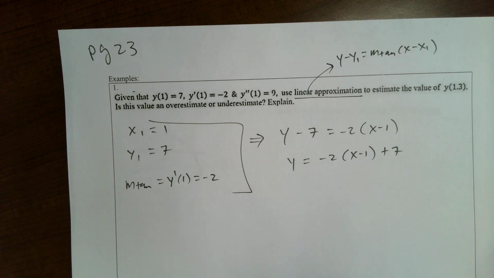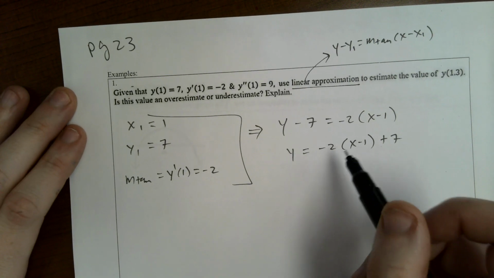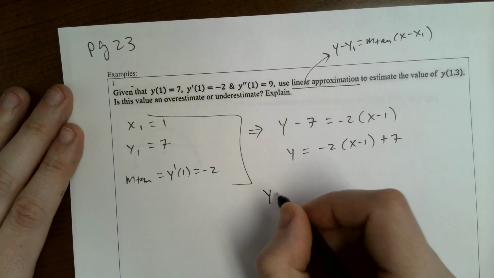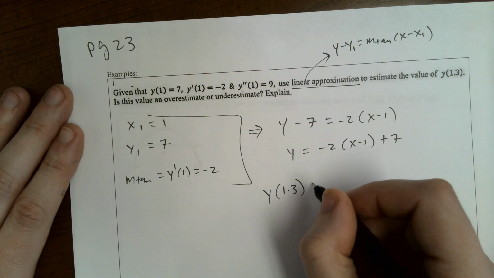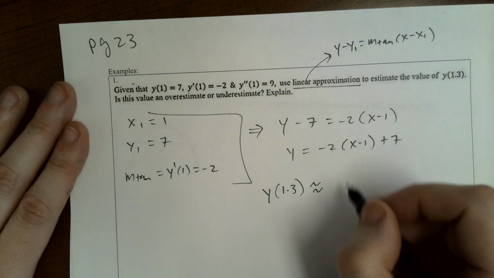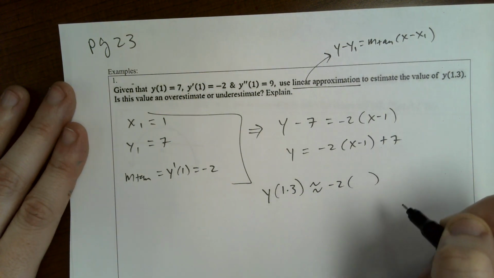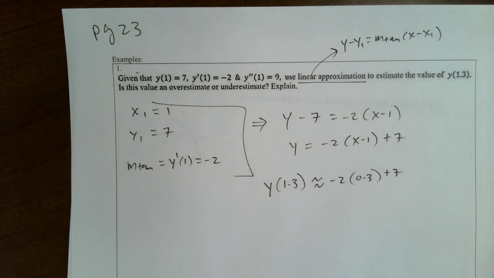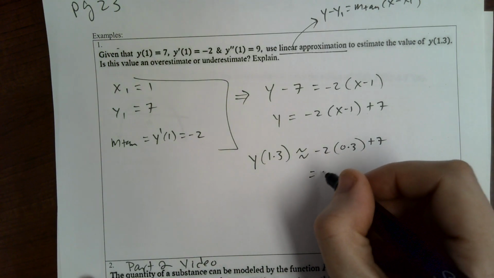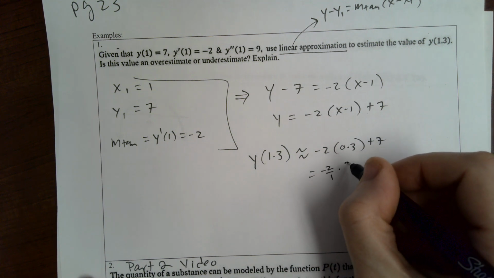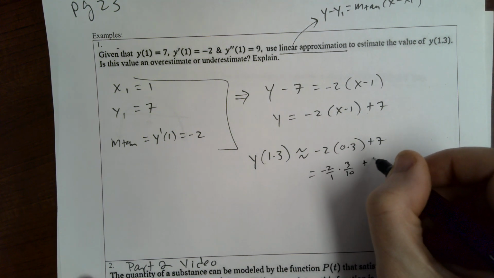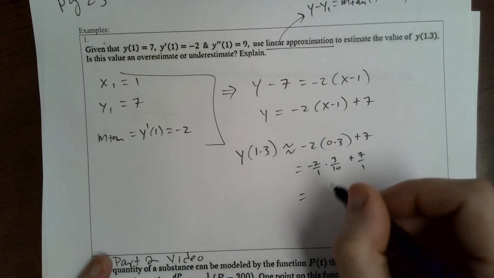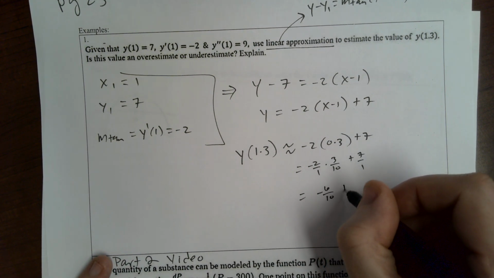Alrighty, so now y of 1.3 is approximately -2, and then I'm plugging it in here, so I get 0.3 plus 7. Let me do some math here. This is -2 times 3/10, plus 7, so this is -6/10.